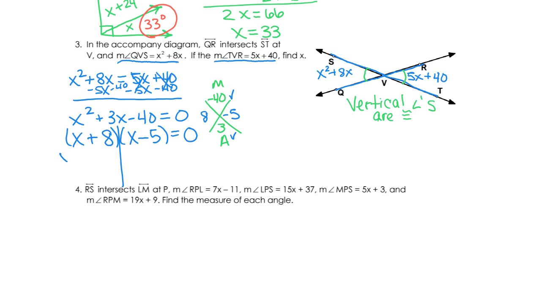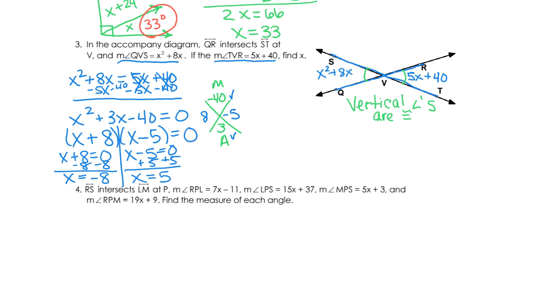T-chart. This factor comes out of its parentheses and gets set equal to 0, and so does this one. On this side, we would subtract 8, and x would come out to equal negative 8. On this side, we would add the 5, and so x comes out to equal positive 5.